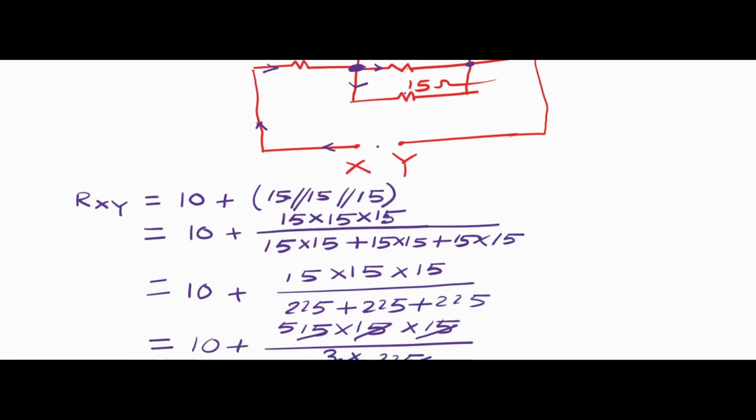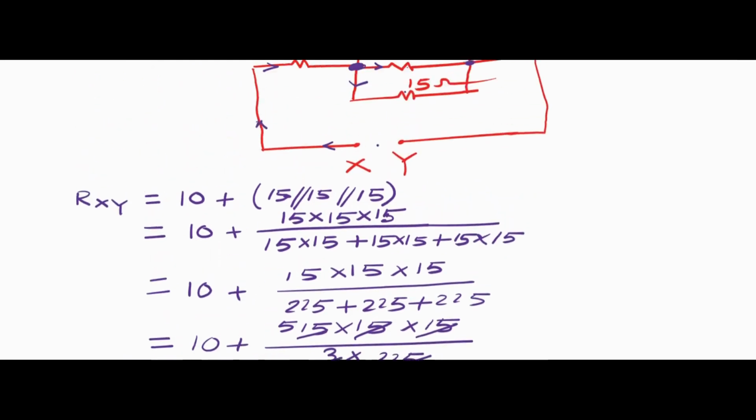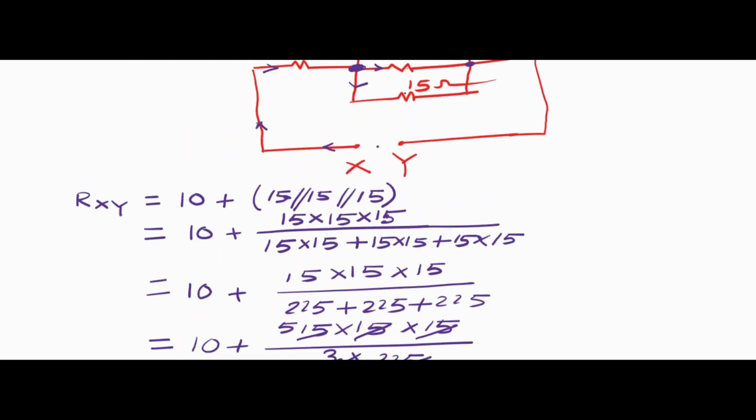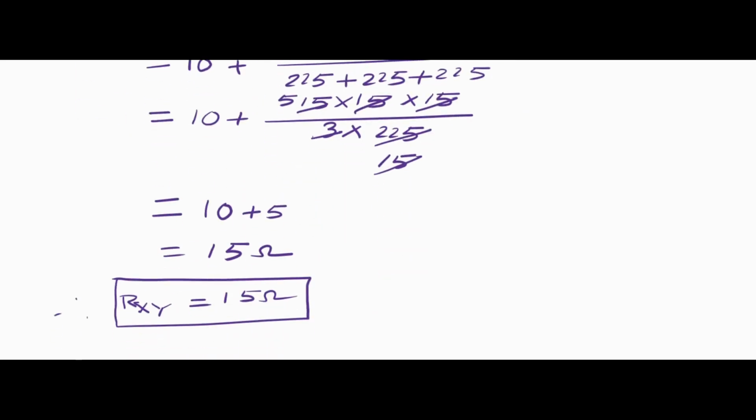So 10 plus 15 parallel 15 parallel 15. You calculate in a simple way: the numerator is the multiplication of the three resistors, and the denominator is 15 into 15 plus 15 into 15 plus 15 into 15. We get the result 10 plus 5, which is 15 ohms. So R equivalent is 15 ohms.